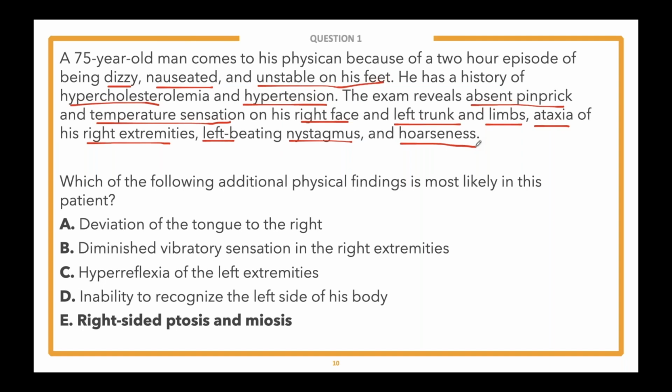So anytime you see hoarseness or dysphagia, immediately start thinking about lateral medullary syndrome or Wallenberg syndrome and add that to your list of differentials. That's because it points to a lesion of the nucleus ambiguus.